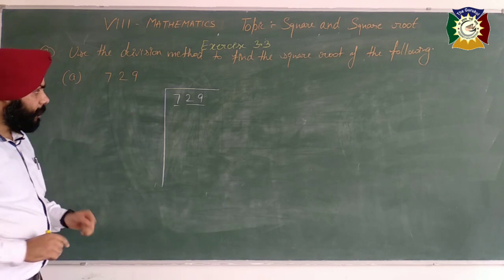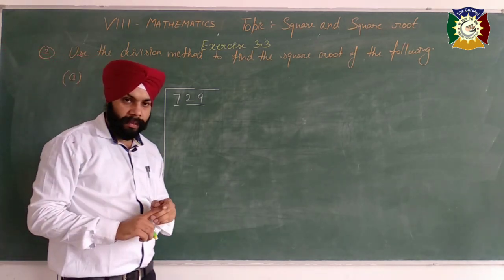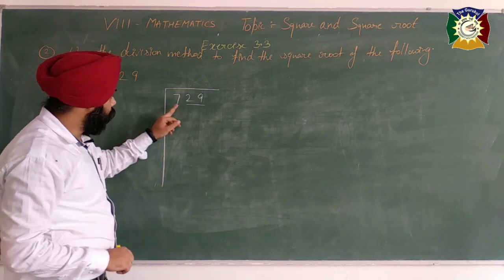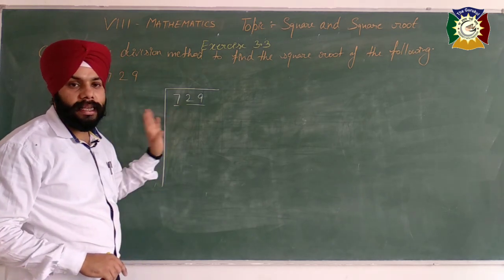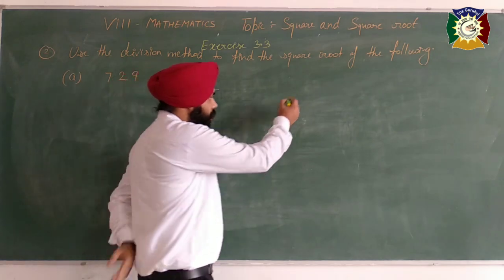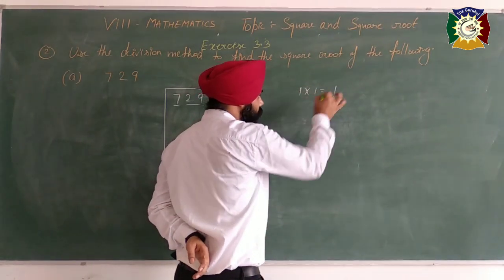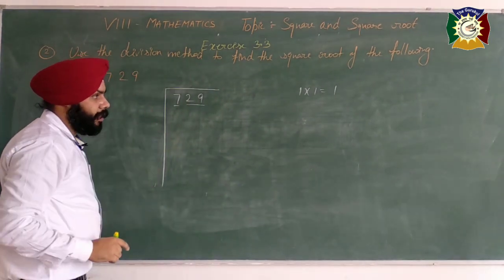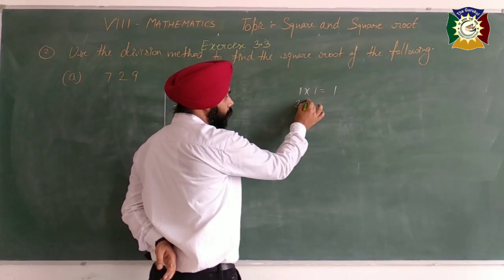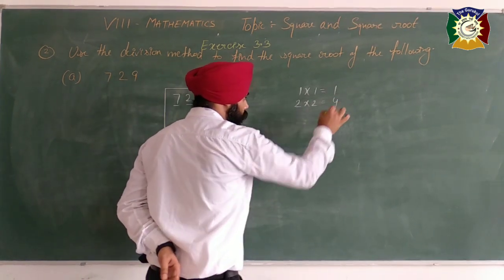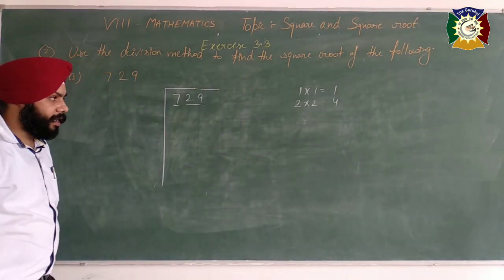Now the second step is to choose a number in such a manner that its square is equal to this or less than this here. So if I choose 1, then 1 multiplied with 1, we get 1, which is very less than 7. Then take 2 multiplied with 2, we get 4. Again it is less.